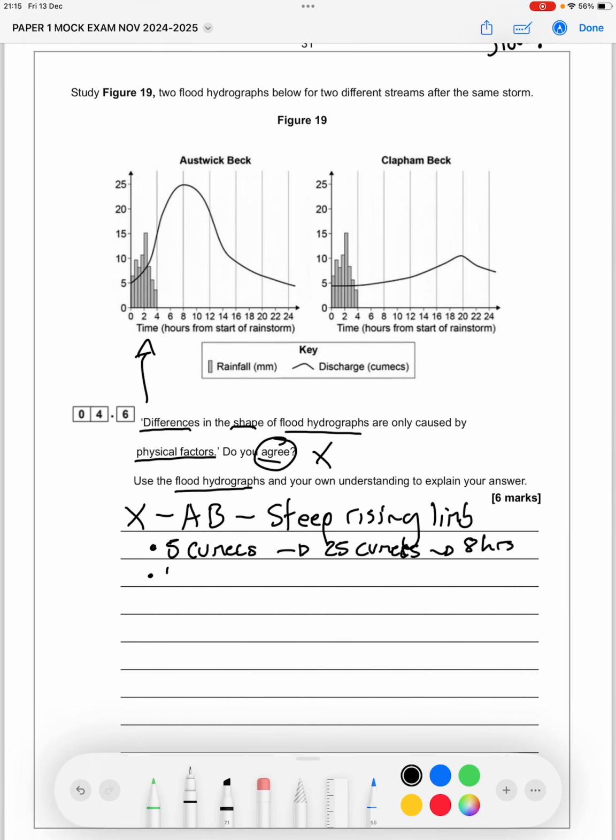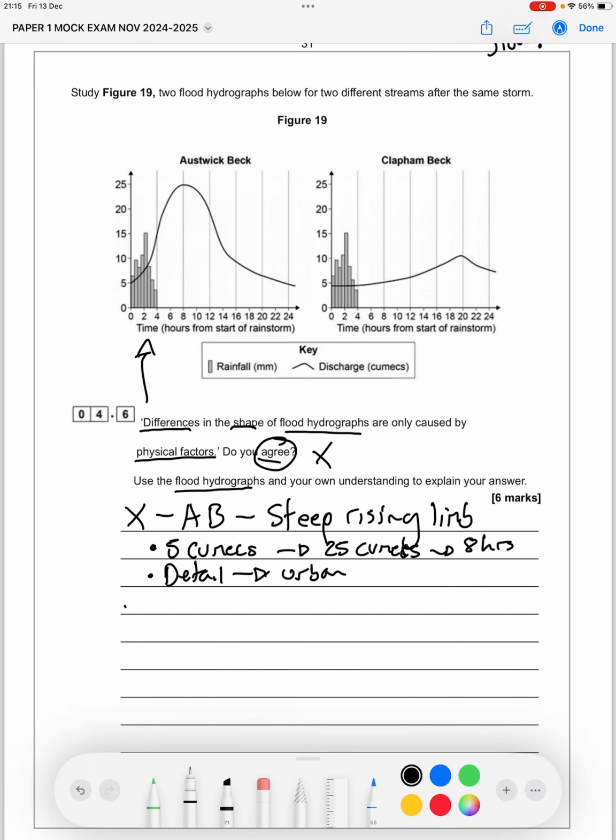And then that is when you get into your detail about why. So this is potentially because it's in an urban area, impermeable surfaces, drains, the water is able to run off to the river quicker, meaning it fills quicker.